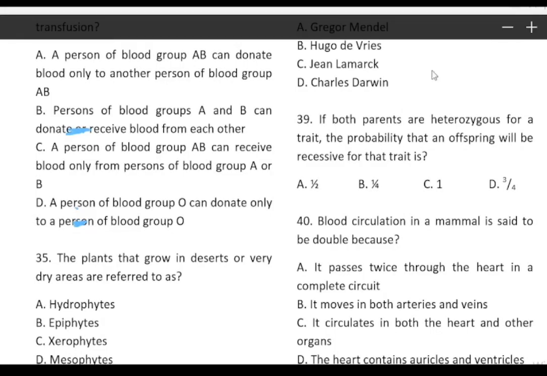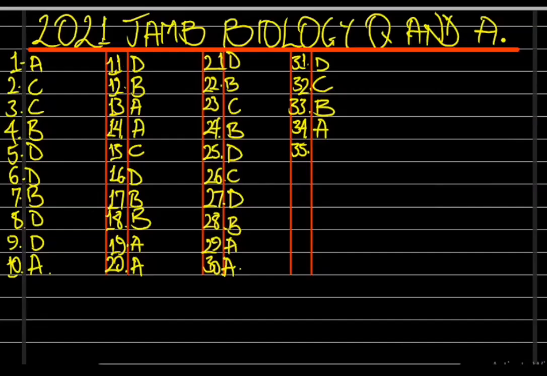So that is the answer to our question. Organisms that survive in desert environments, places that have dry surroundings, are called the xerophytes, option C.